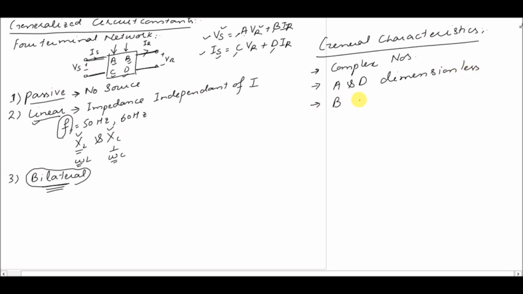B has the unit ohm, whereas C has the unit Siemens. A will be equal to D, and for all the constants AD minus BC is equal to 1. All these characteristics apply to all types of transmission line, whether short, medium or long.